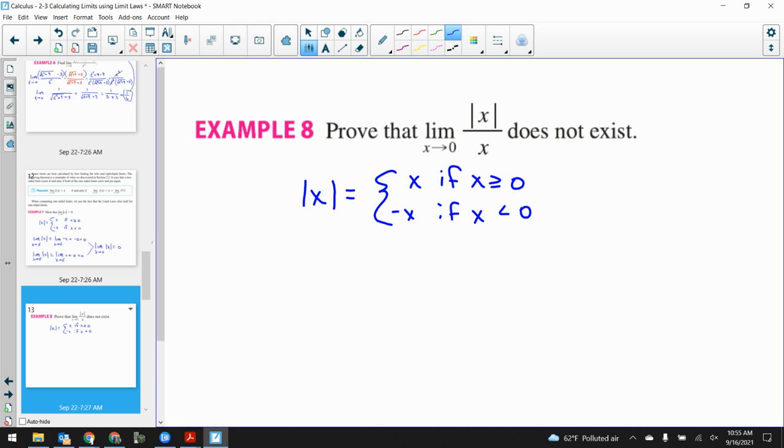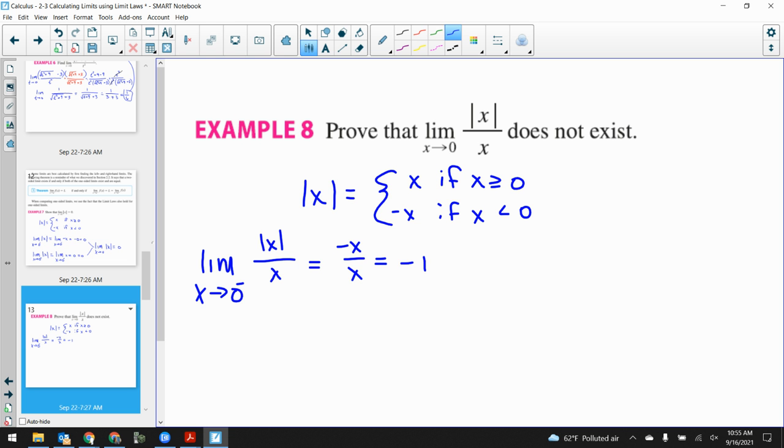Okay, so let's calculate the one-sided limit. The limit of the absolute value of x over x as x goes to 0 from the negative. What is the limit if I'm coming from the negative? -1.